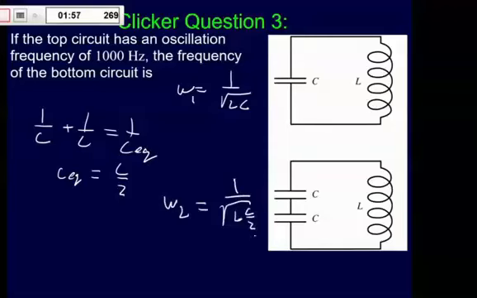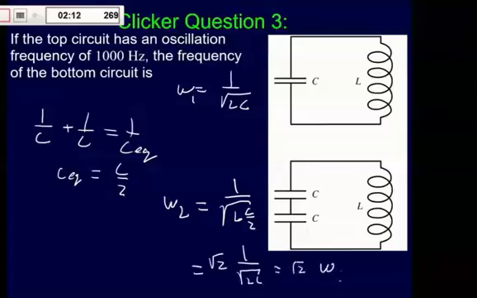The actual value of that capacitance is C divided by 2, which if you clean this up, ends up being 1 over radical 2 times radical LC. Another way to say that is it will be radical 2 times my initial omega. Omega and f are off by a factor of 2 pi, but I don't really care about that because I'm asking how they relate to each other.